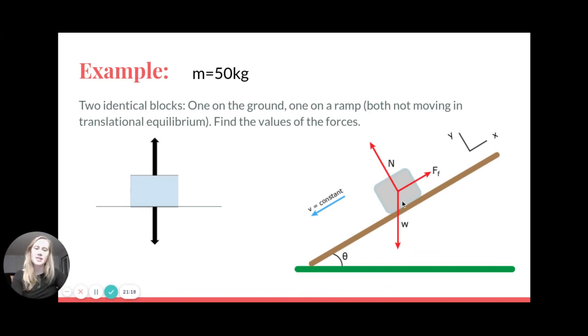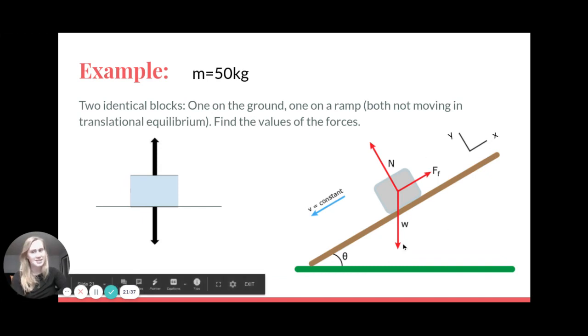And so if this is the angle, my part that's balancing friction will be 490, or the weight force, times the sine of the angle, and my part that's balancing the normal will be the weight times the cosine of the angle. And so again, we practiced this last week, so hopefully it's not too stressful on you, maybe finding where the angle is, but other than that, it should be okay.